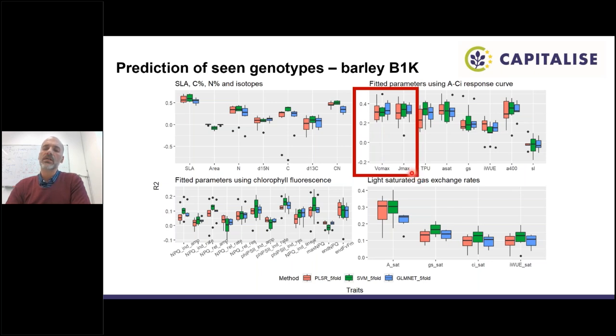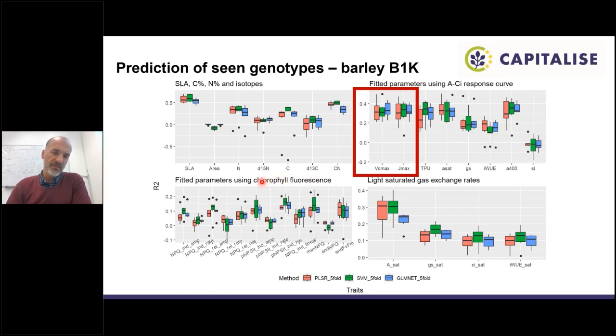The same holds for some of the other parameters which are obtained by fitting of ACI curve, but for some of the predictions we also have overfitted or poorly fitted models that result in R-square values that are below 0.